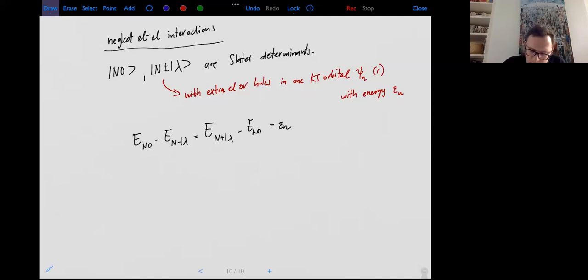Similarly, it turns out that we can express these wave functions that go into the numerator in terms of the Kohn-Sham wave functions. So let me show you how that works. That was the definition of these objects.